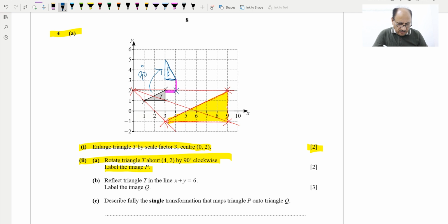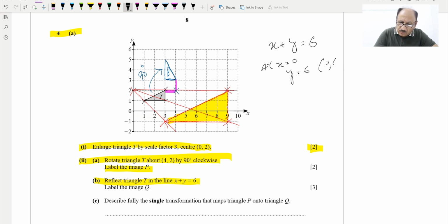This is the triangle. Now for the B part: reflect triangle T in the line x plus y is equal to 6. This is the line. Now we can take x equal to 0, then y will be equal to 6. So our point will be (0, 6), and that is this point.